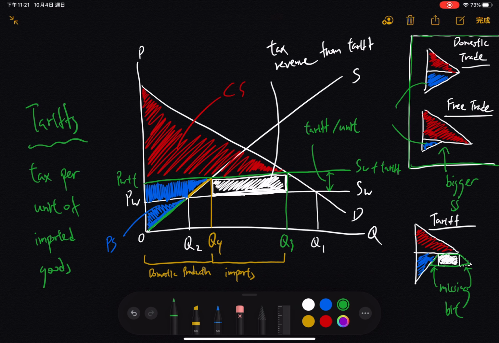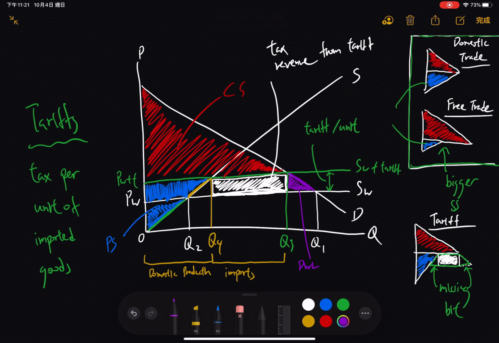Here I'm going to use purple. So the one on the right, this triangle here, is a deadweight loss. So why is this a deadweight loss? It is a deadweight loss because the demand curve here is actually representing the dissatisfaction from consumers.